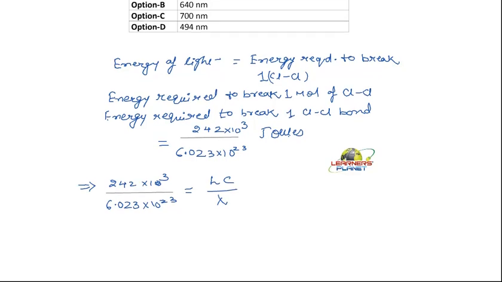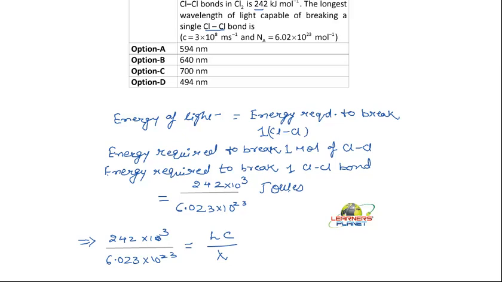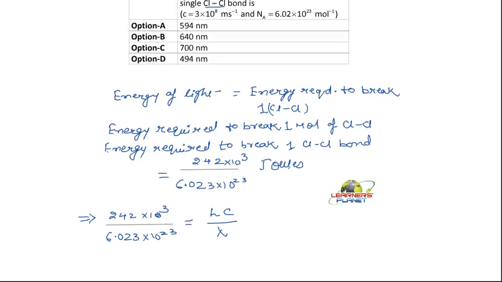Now we know h here. H is what? 6.626 into 10 to the power minus 34. Right? And what is c? C is the velocity of light, that is 3 into 10 to the power 8. Right?